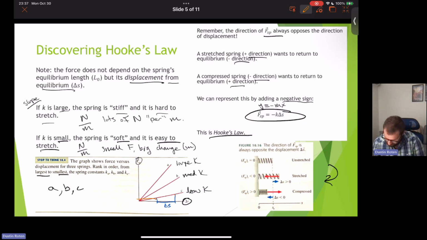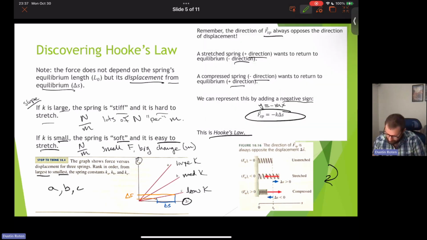We're getting a really small return here. Look at how much bigger the delta s is than the delta F. So you can see that this is a soft spring, because big stretches or big compressions really just give us a little bit of a force.